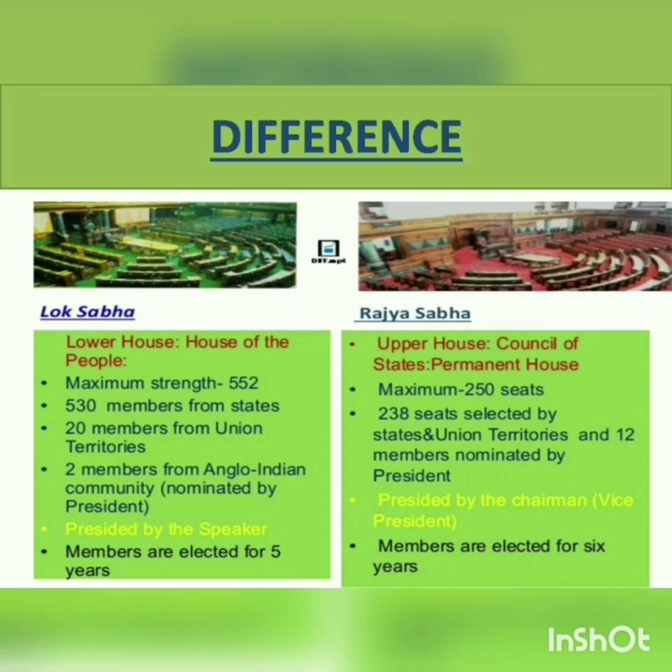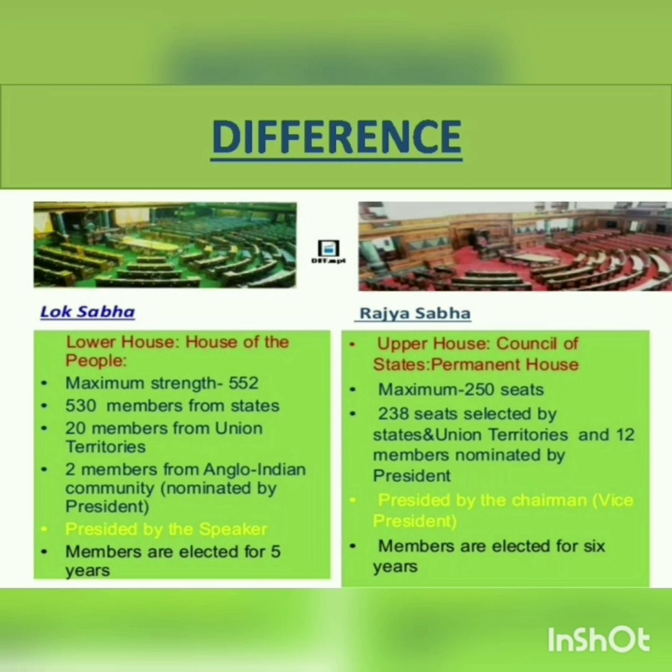In Lok Sabha, 530 members are elected from states and 20 members are elected from the union territories. 2 members are nominated by the President of India. In Rajya Sabha, 238 members are from states and union territories and 12 members are nominated by the President. So can you see the difference?